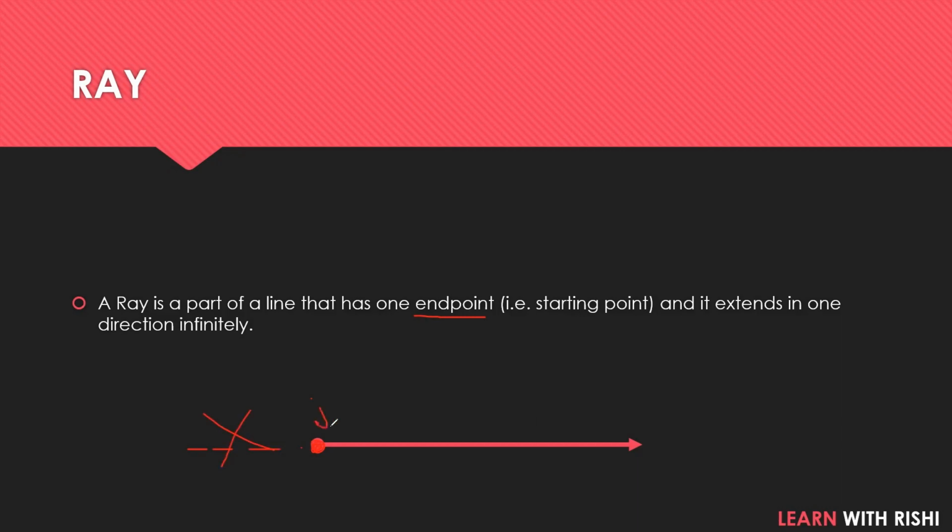This is its starting or beginning point, and the arrow here indicates that this line extends till infinity. So it has one ending point or starting point, and the other end extends infinitely. This is what we call a ray. I hope you understood the difference between a line segment and a ray.